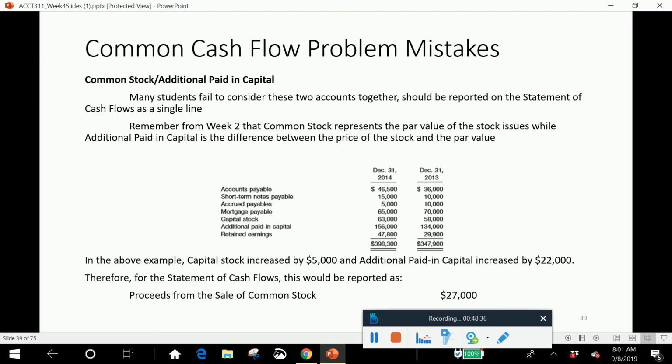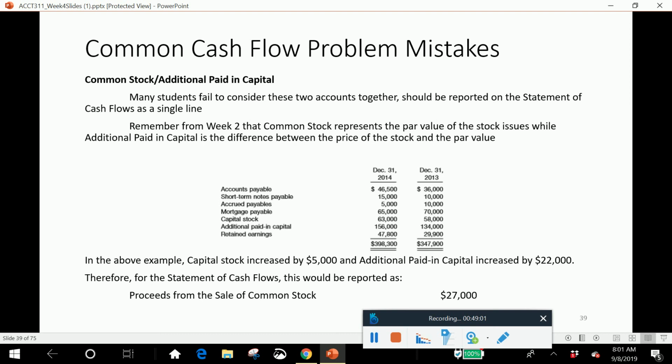So if we look at an example here, we can see that capital stock increased by $5,000 and additional paid-in capital increased by $22,000. Assuming there were no non-cash components within this increase, what this should look like would be proceeds from the sale of common stock, an inflow of $27,000.